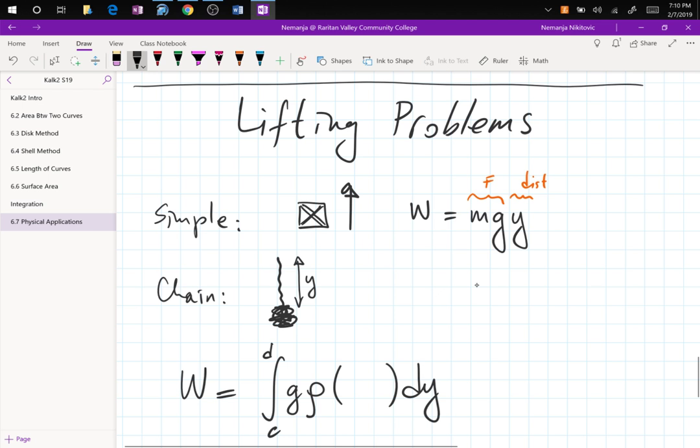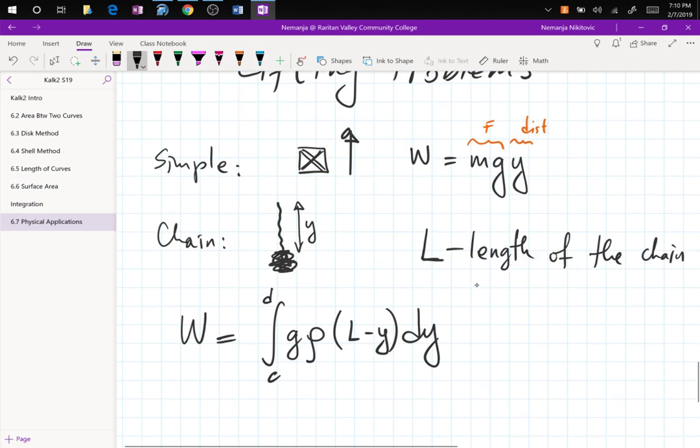For this particular term, we need to know how much of the chain we need to lift, right? At which point you are in your lift process. So we can say that L is the length of the chain. So, length of the chain minus y.